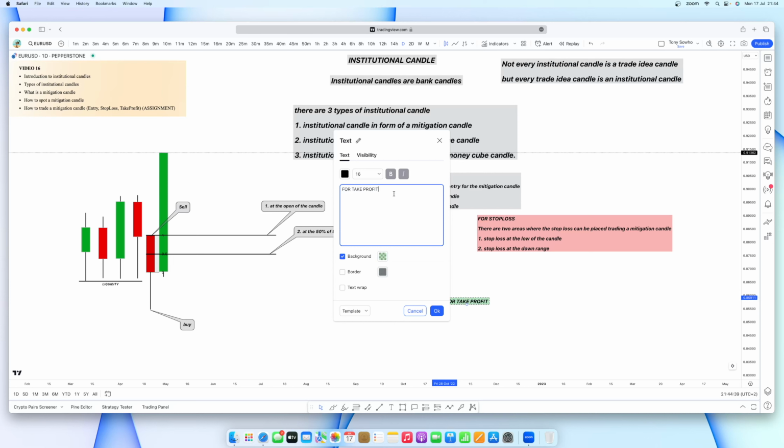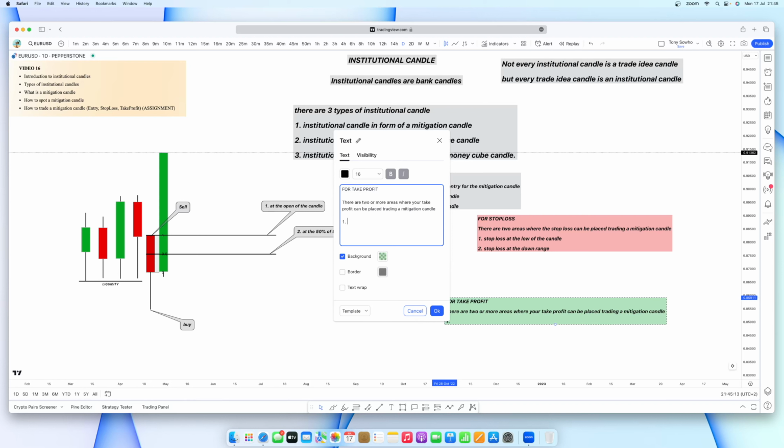For your take profit, there are two areas also, two or more actually, where your take profits can be placed trading a mitigation candle.